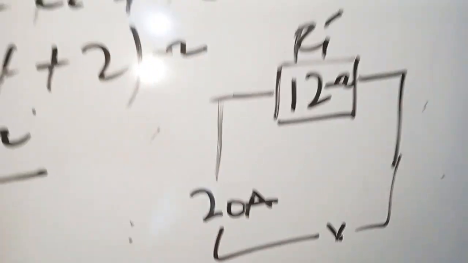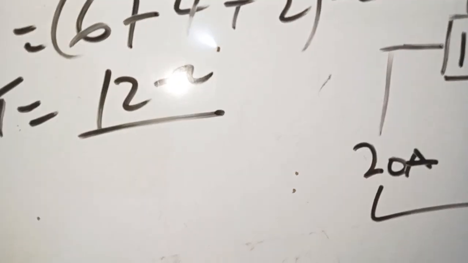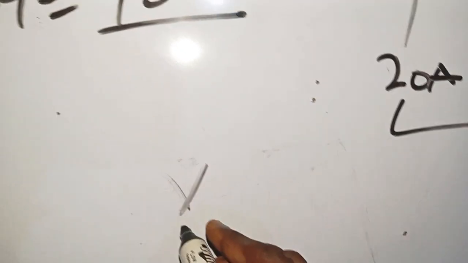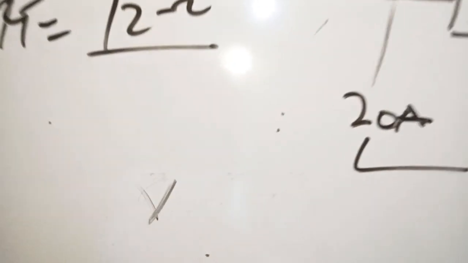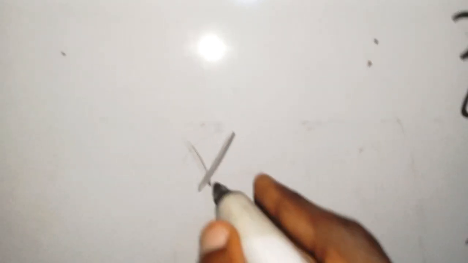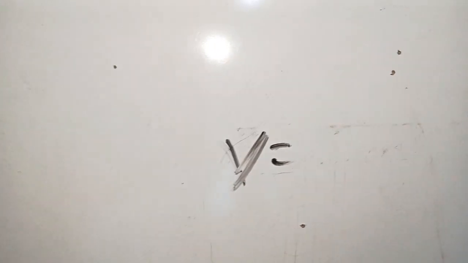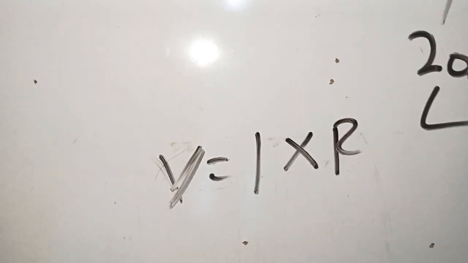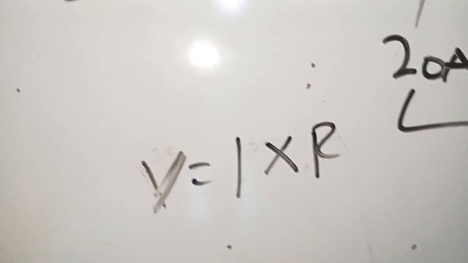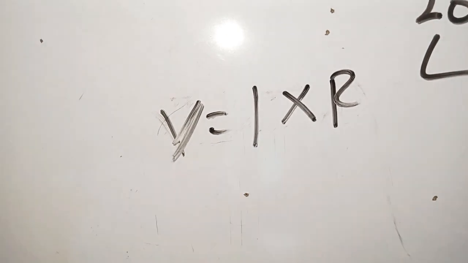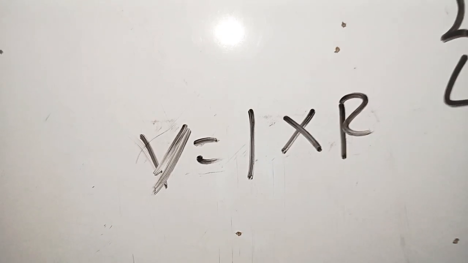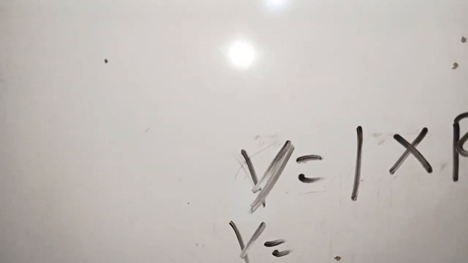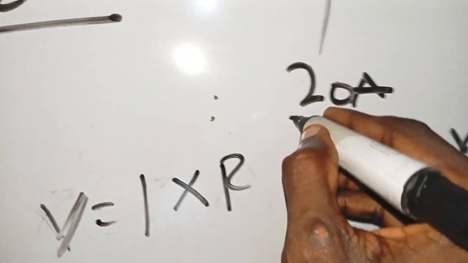Ohm's law states that V, voltage, is equal to I times R. Voltage is equal to current times resistor. We have the current as 20.